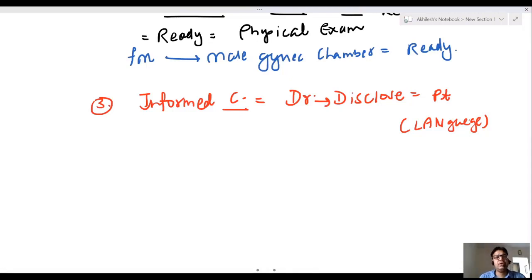So most of the time, the doctor goes for informed consent. This is the best consent, my dear friend.